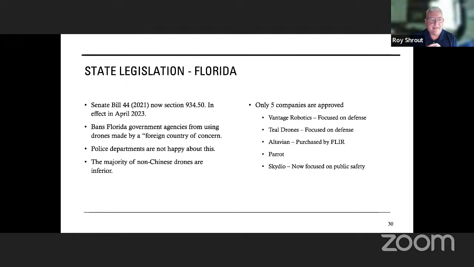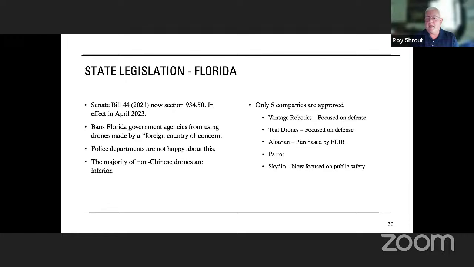Okay, state legislation. Since we hit the Virginia one, this is Florida. Florida has become a nightmare for drone operators. And Florida typically is a great place to fly drones because of the damage from hurricanes and things like that. However, last year they passed Senate Bill 44 in 2021, now considered Section 934.50, which went into effect last April.